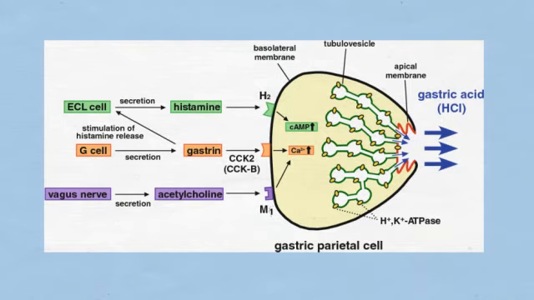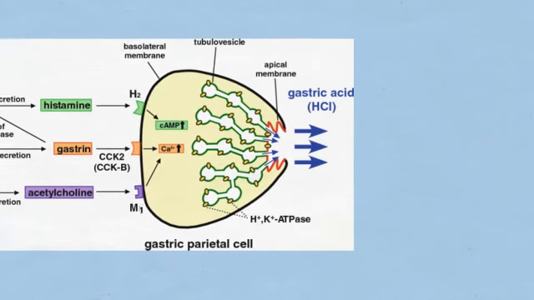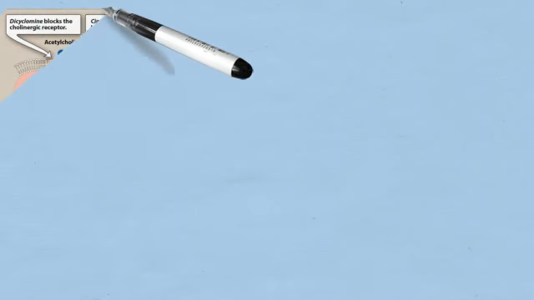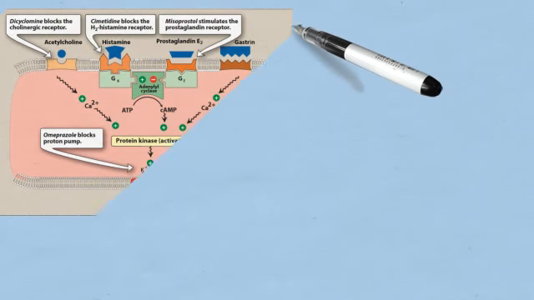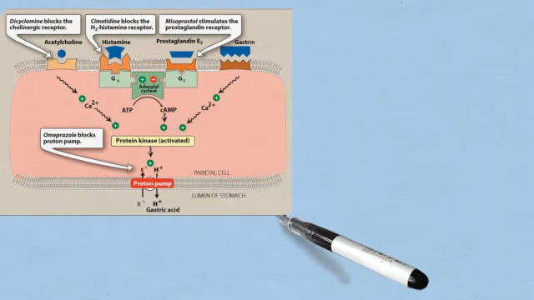This gastrin and acetylcholine also stimulate the ECL, the enterochromaffin-like cells, which are very important because they are responsible for secretion of histamine, which acts on the H2 receptor present on the parietal cell.